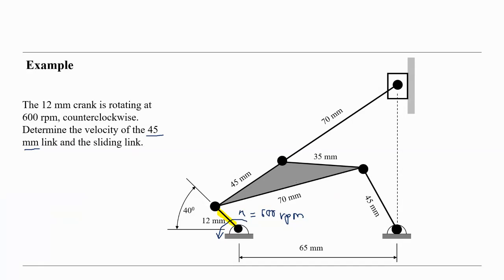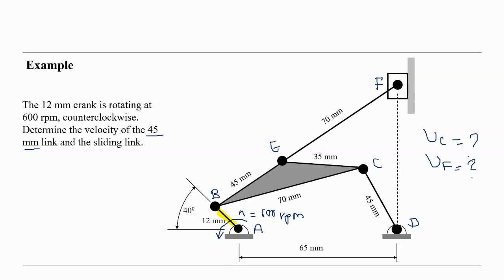Let's write the points here: A, B, C, D, and the point F. We have to determine the velocity of the points. VC is a question mark and VF is a question mark.